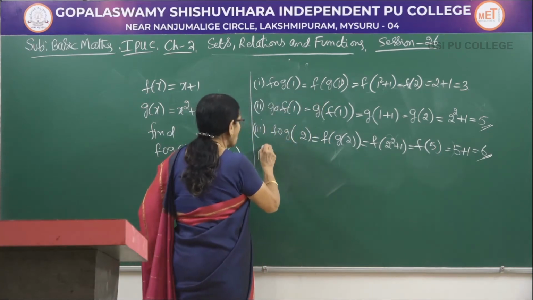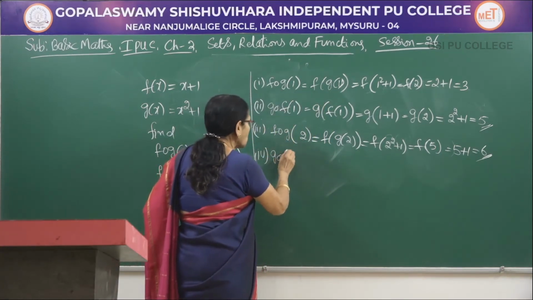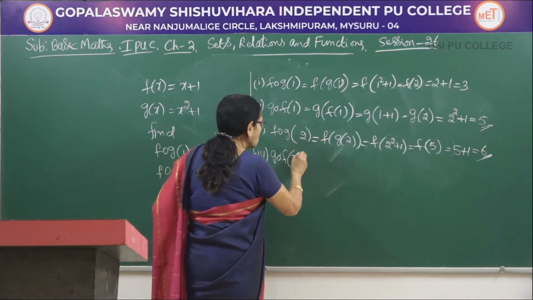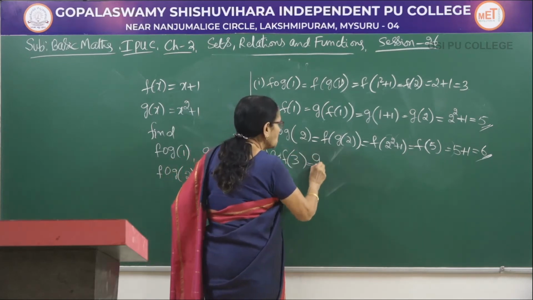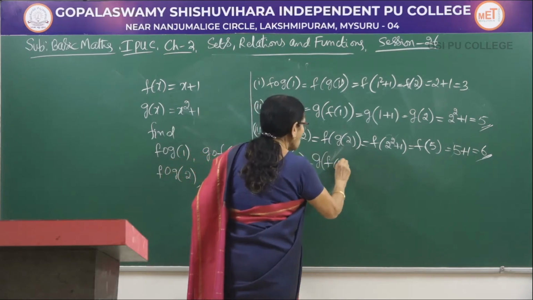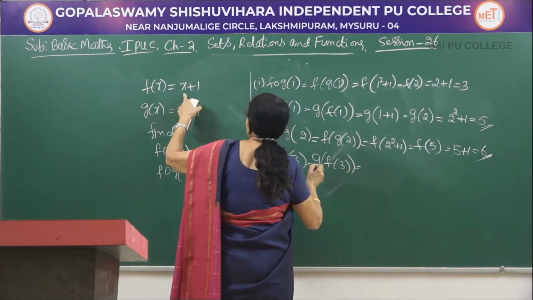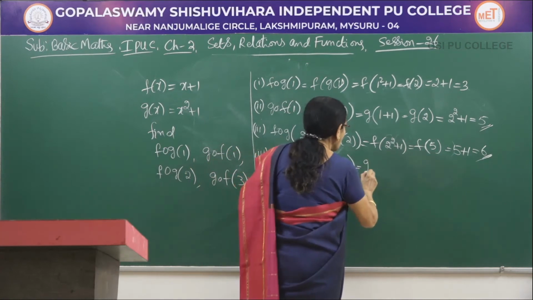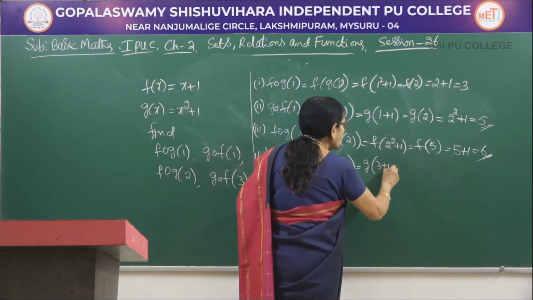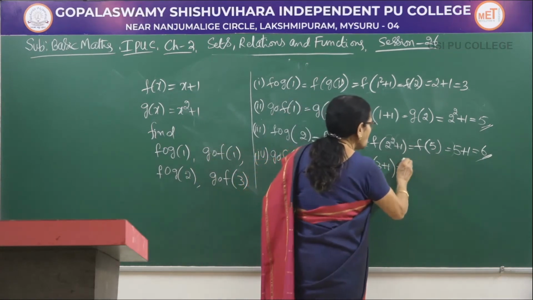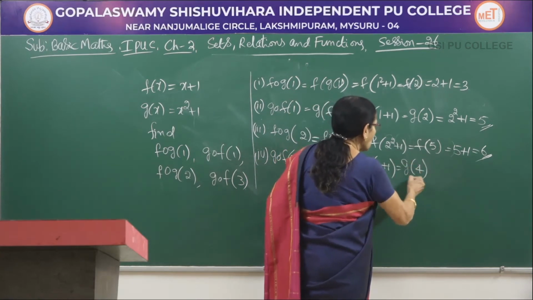Lastly, the fourth part is gof of 3. That means g of f of 3. First go to the function f. f of x is x plus 1 means f of 3 is 3 plus 1, which is 4.